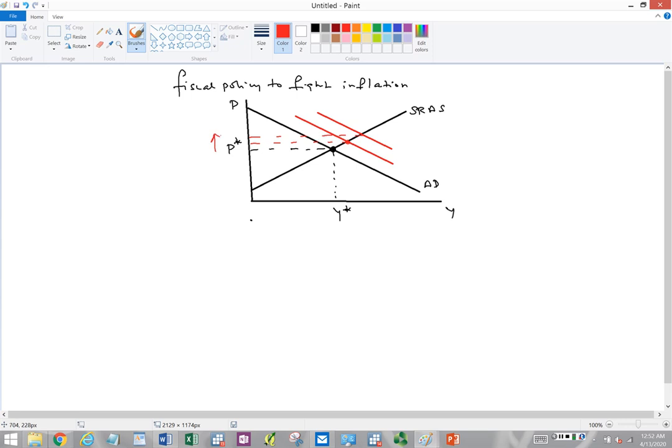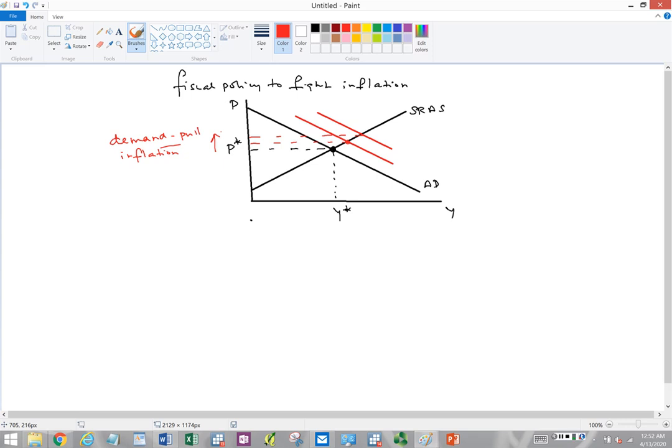So we would have inflation, and this kind of inflation has a name. It's called demand pull inflation.